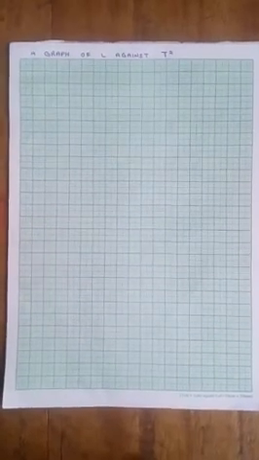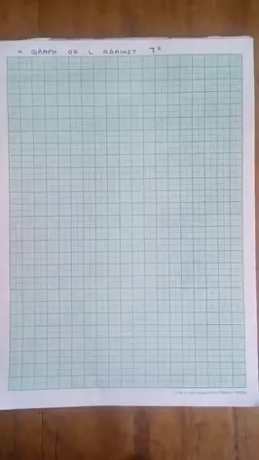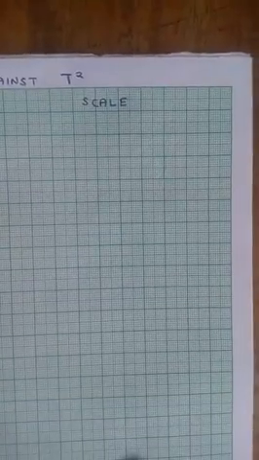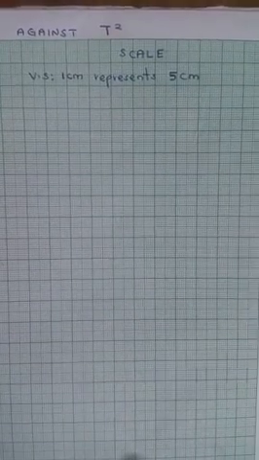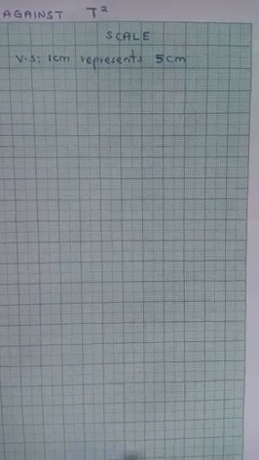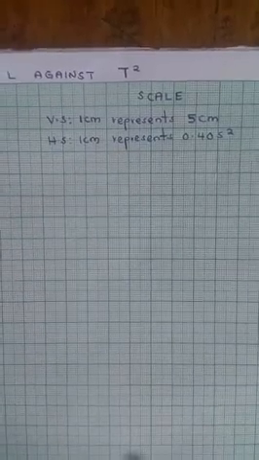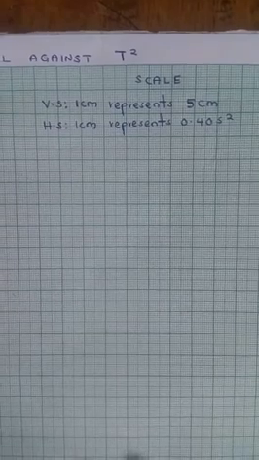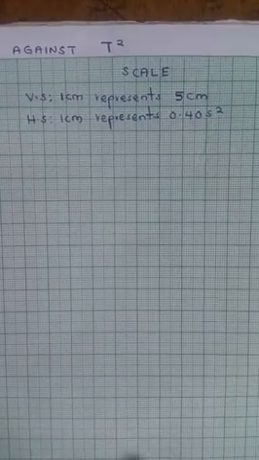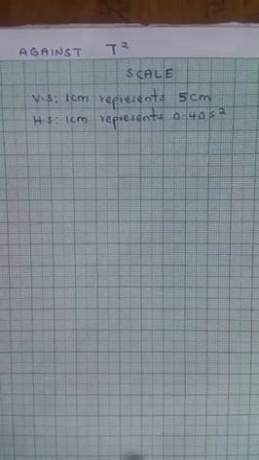Graph of L against T square. Scale. Vertical scale: 1 centimeter represents 5 centimeters. Horizontal scale: 1 centimeter represents 0.40 second square.